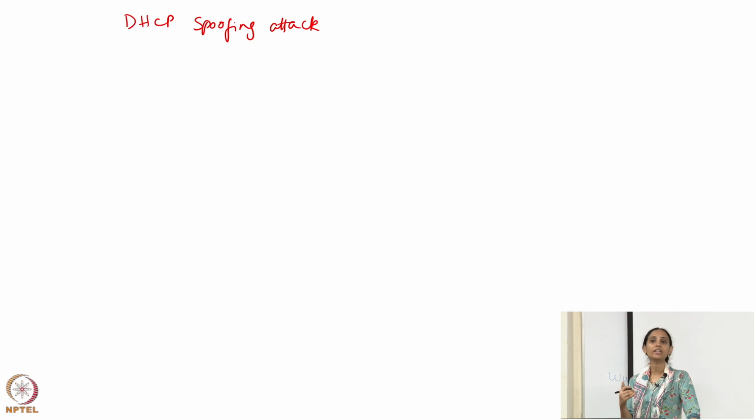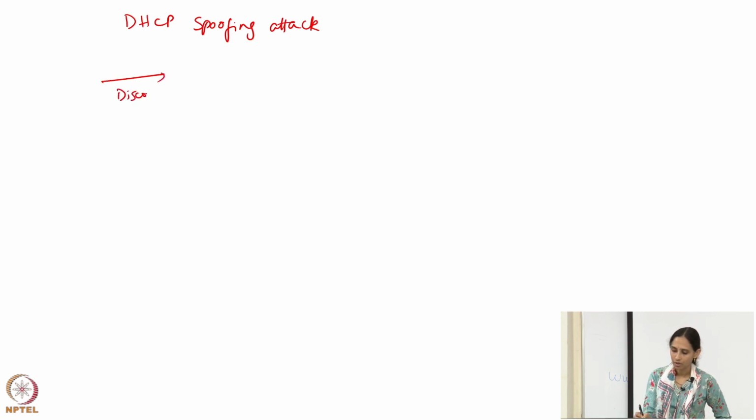Because there is no authentication, you will accept these offers from whatever machine is sending, and that can be quite dangerous. Okay? So the idea here is that you did discover, you got an offer. Now this offer has not come from the official DHCP server, but from Mallory.